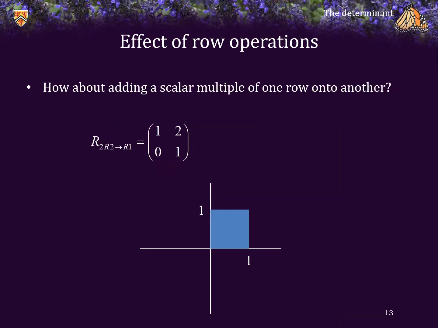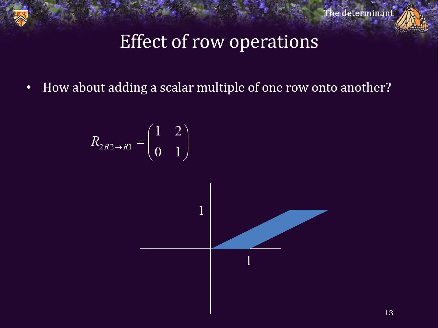How about the effect of adding a scalar multiple of one row onto another? So here we are adding twice row 2 onto row 1. In a vector, this has the effect of adding twice the second entry onto the first entry. Well, if we multiply every single point in the unit square, we see that the area hasn't changed.